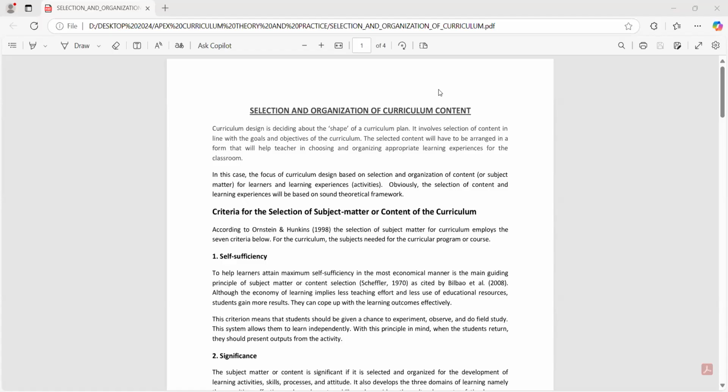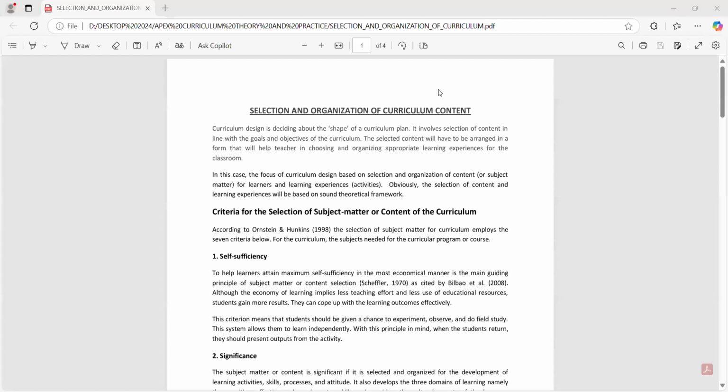So what is this theoretical framework to be adopted in the selection and organization of curriculum content? The theoretical framework is, there are 7 criteria to be considered in the selection and organization of the content for the realization of the ILOs.